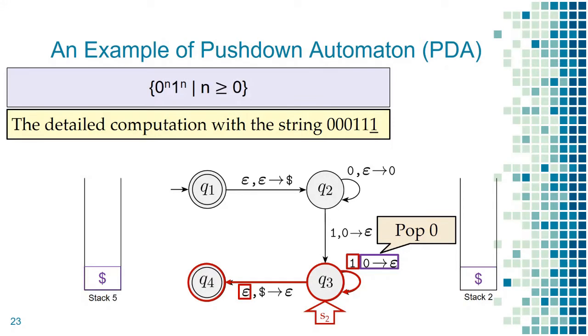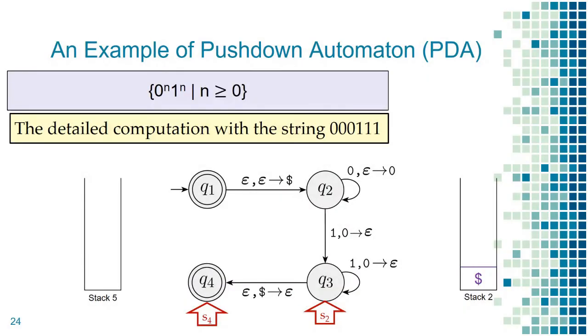We're in our last one. And potentially we could have jumped to epsilon a little bit too quickly. Can we pop a $ sign off? Yeah, in this case we can, because we're at the end of the word. And we will accept. We end up with an empty stack at the very end, and we finish in Q4.